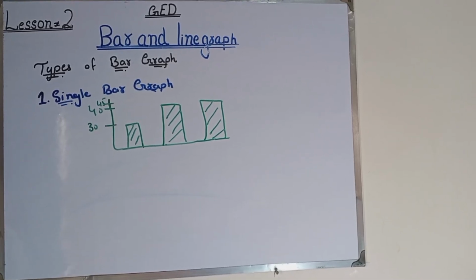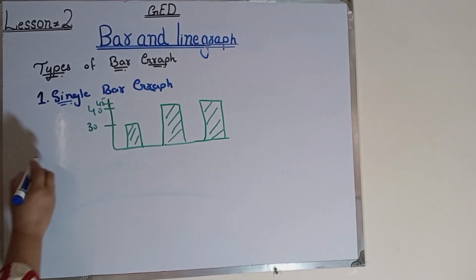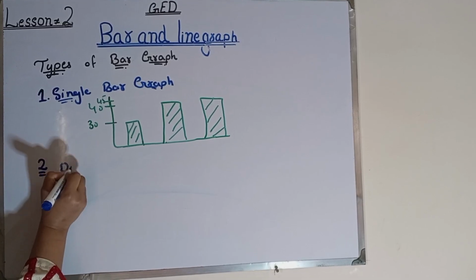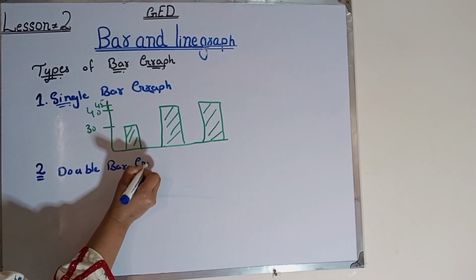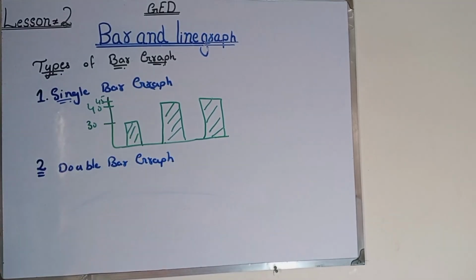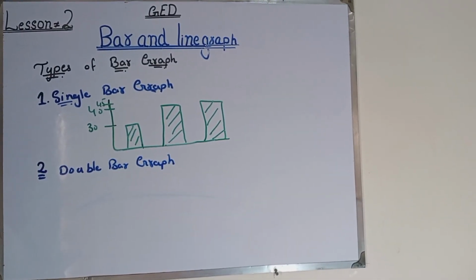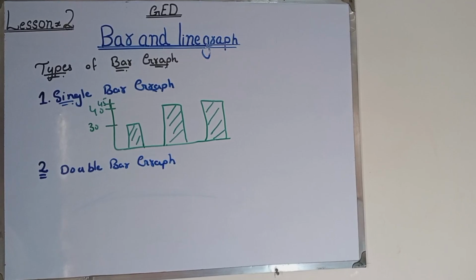But in the double bar graph, what we will do? Double bar graph uses two colors, compares two groups, has a key that explains the colors.